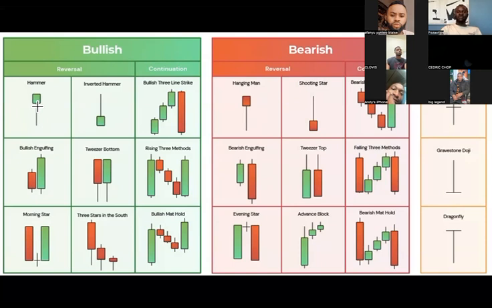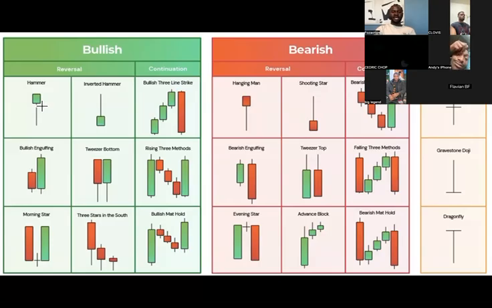A hammer is a bullish reversal candlestick pattern that happens at the bottom of a trend, and the body is often smaller, and the wick or the low is always at least twice the size of the body.